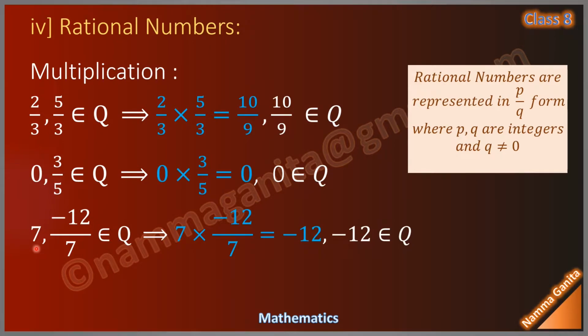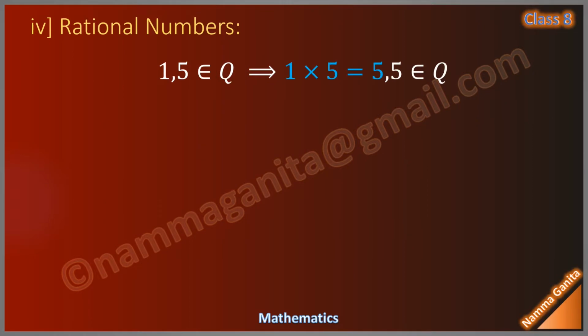Third example, 7, minus 12 by 7 belong to Q. That implies 7 into minus 12 by 7. 7 gets cancelled. Remaining thing is minus 12. Answer is minus 12. Minus 12 belongs to Q. Consider another example.